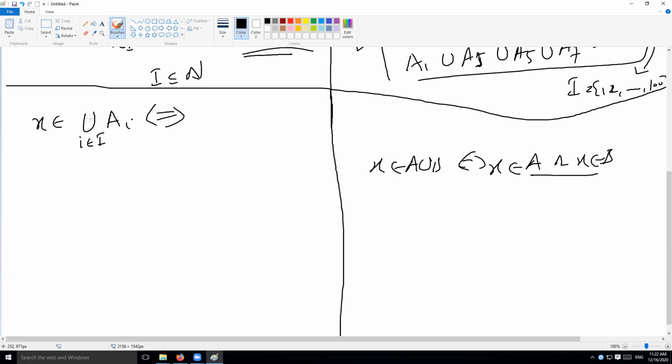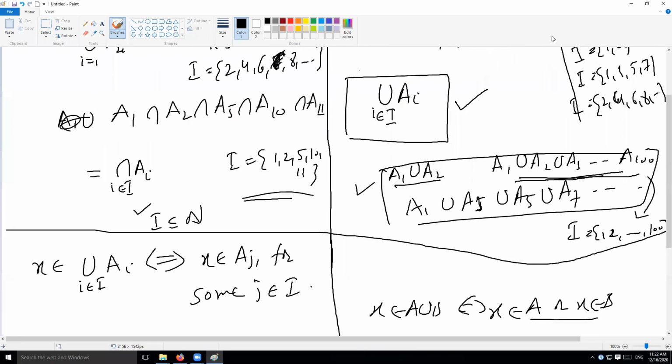Exactly. Capital I. It's not necessary to write i, since this is a general notation. You can say that x belongs to A_j for some j in I. I don't know what the set I is. Maybe I is 1, 2 or 1, 3, 5 or 2, 4, 6, 8 or 1 to 10 or 1, 2, 5, 10, 11, it doesn't matter.